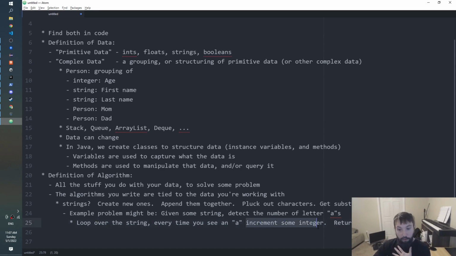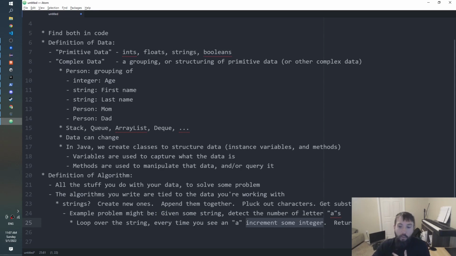But this is another example right here. In order to solve this problem that involves strings, you have to actually use two pieces of primitive data: the string you're trying to detect letter A's in, and while you're looping over it, you have to increment some integer.